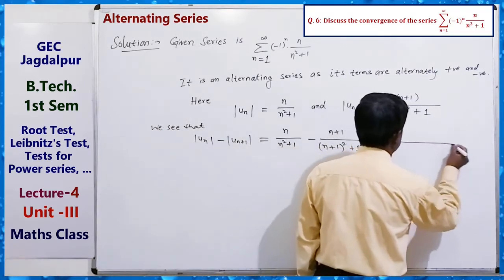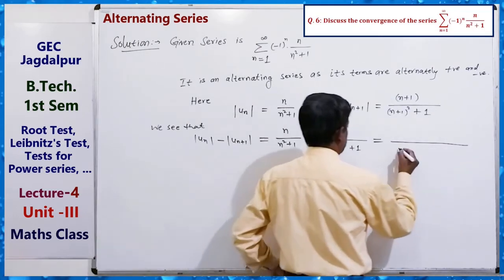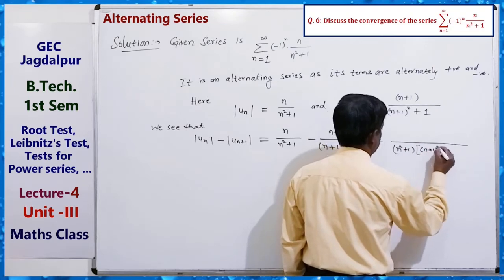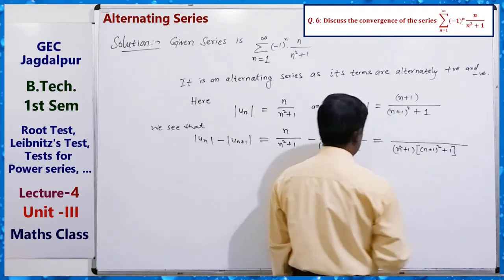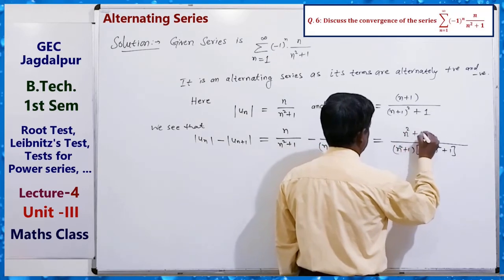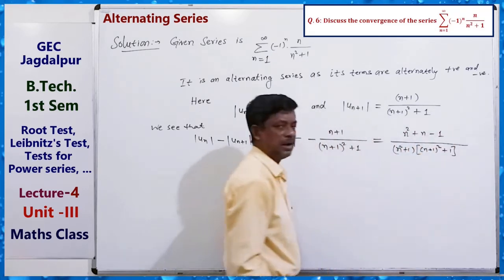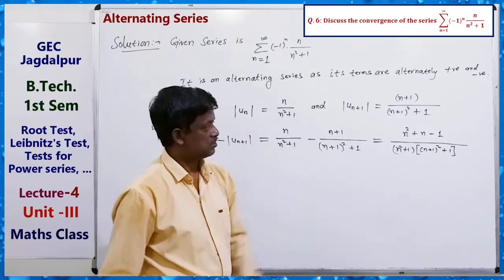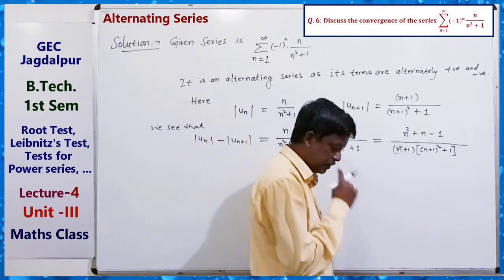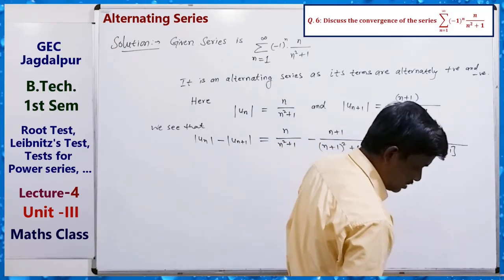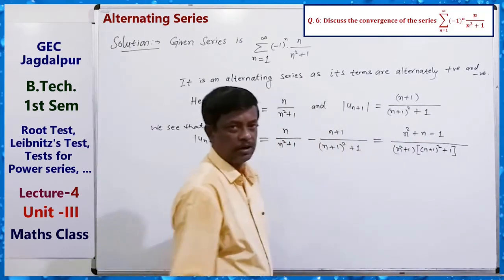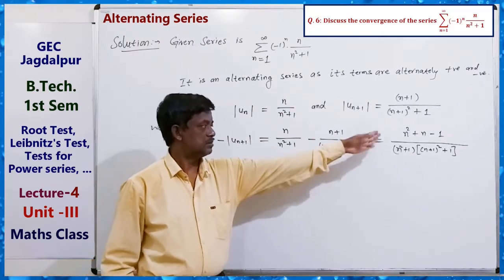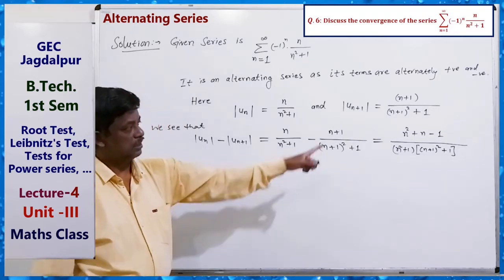This LCM means n square plus 1 into n plus 1 square plus 1, and n square plus n minus 1. Taking LCM, this into this minus this into this, and after solving and reducing, we can get this value.